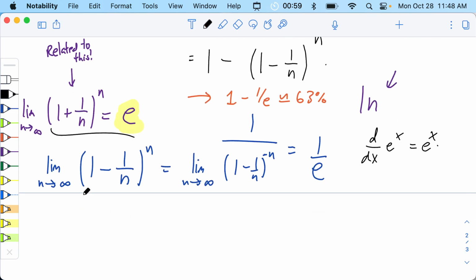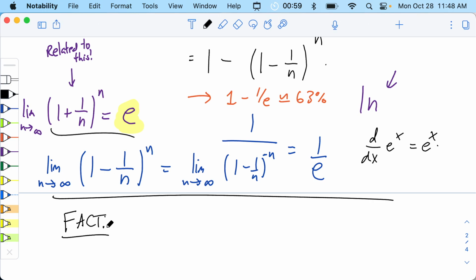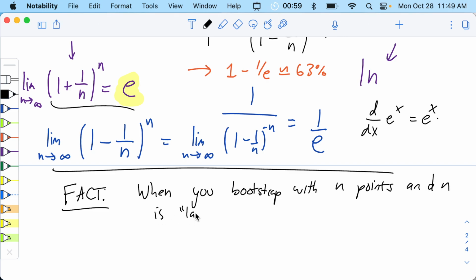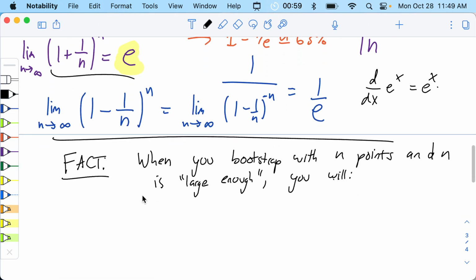This is the most important fact that we're trying to get to right now: when you bootstrap with n points, and n is, quote, large enough, you will do two things. You will sample approximately 63% of the points.